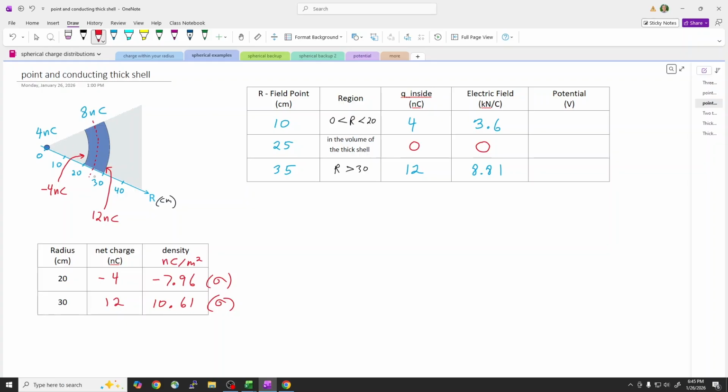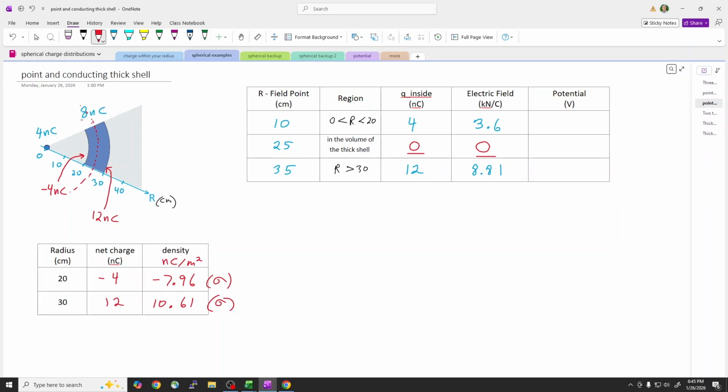So at the 25 centimeter mark, we know we have no electric field value, zero. But since we found that spherically symmetrical charge follows that Coulomb field formula, that also means that Q inside is zero. That means the net charge within our radius must be zero.